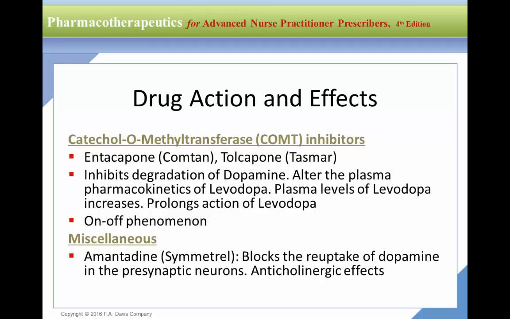So again, remember, an on and off phenomenon is basically symptoms that could worsen or improve while the patient is on levodopa, carbidopa, but not only that, is related to other pharmacological treatments that are given in patients with Parkinson's disease.